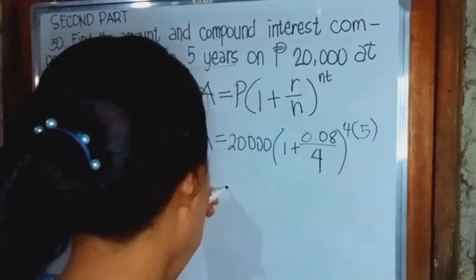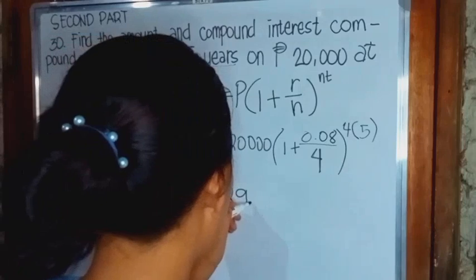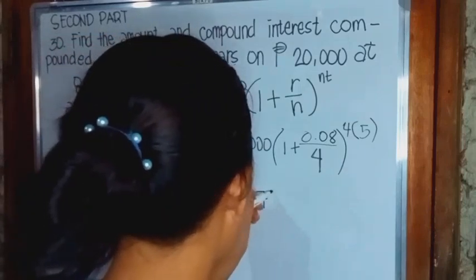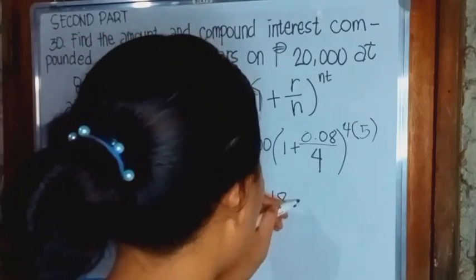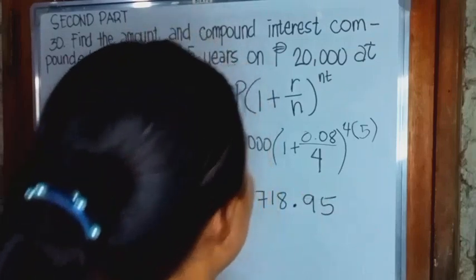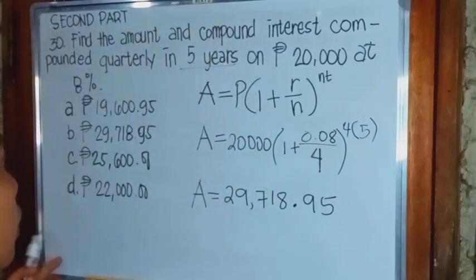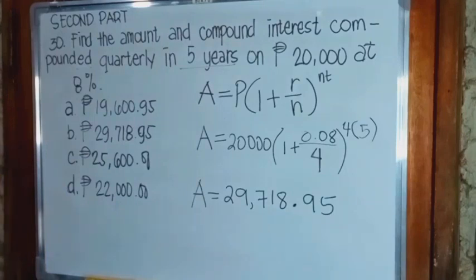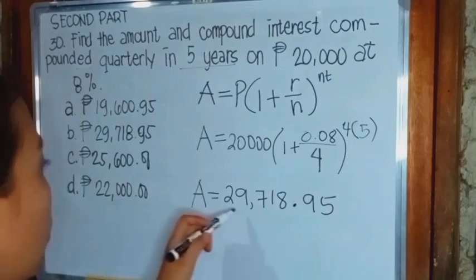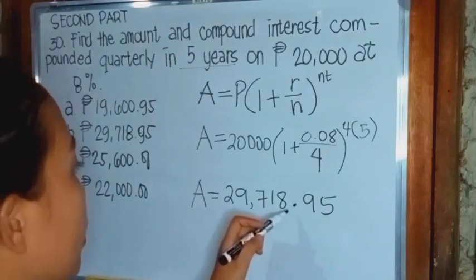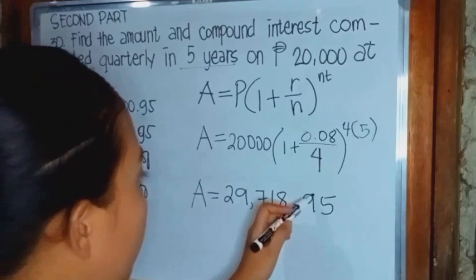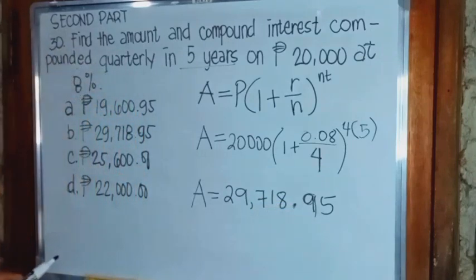That is 29,718.95. So the amount or the future value after 5 years of the compounded money, which is 20,000 pesos quarterly at 8%, is equal to 29,718.95 pesos. So in the choices, that is letter B.